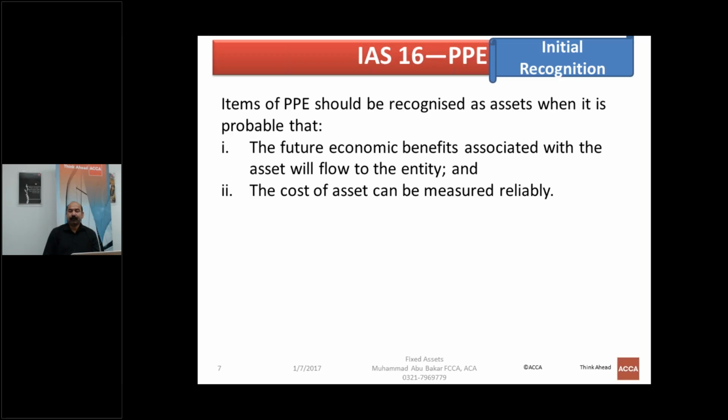Next is safety equipment. Property, plant and equipment acquired for safety or environmental reasons qualify for recognition as assets when they enable the enterprise to obtain future economic benefits from the related assets in excess of those it would obtain otherwise. A recent example in Pakistan: the government requires a school to make some security arrangements.